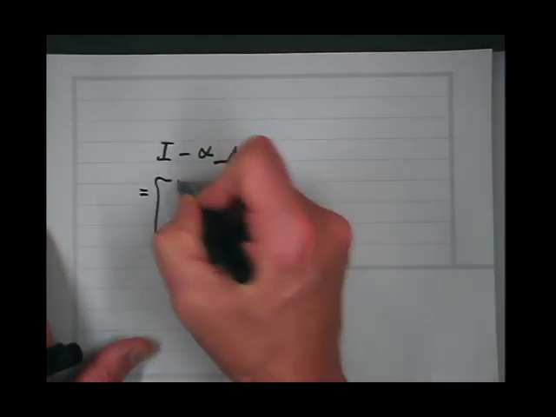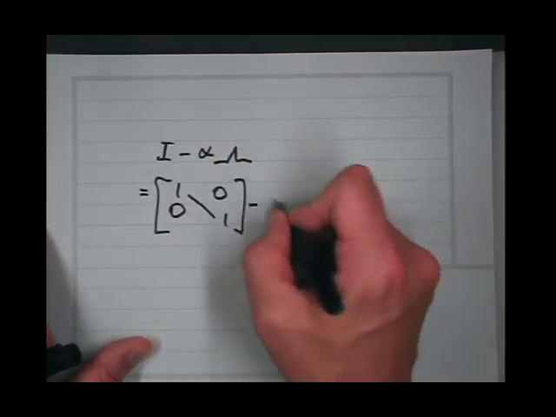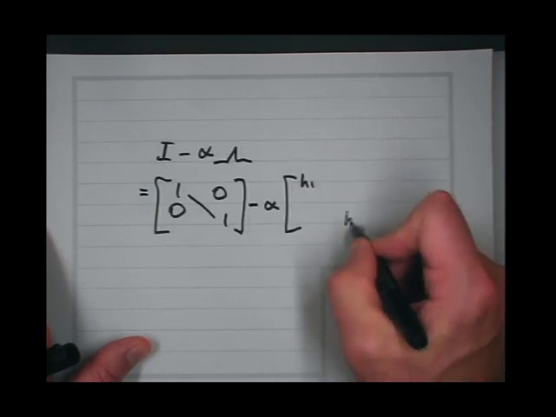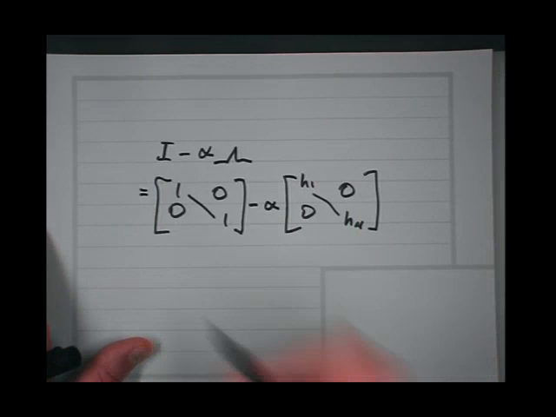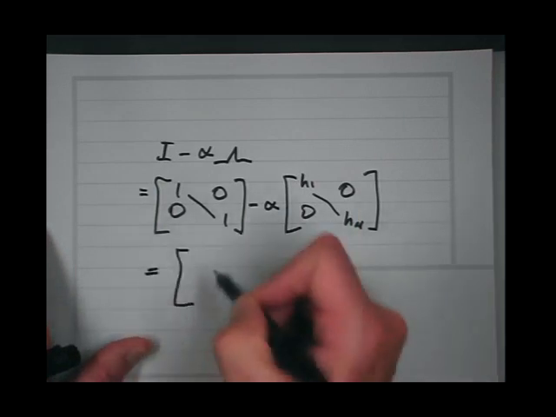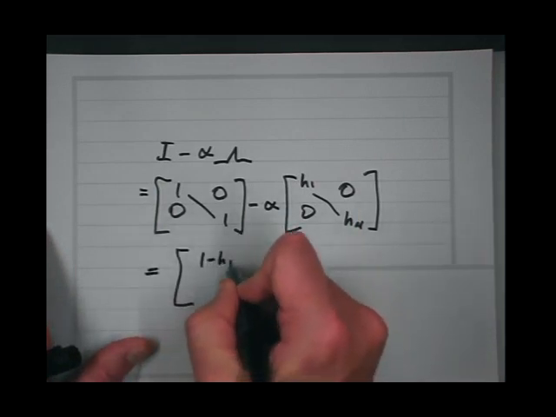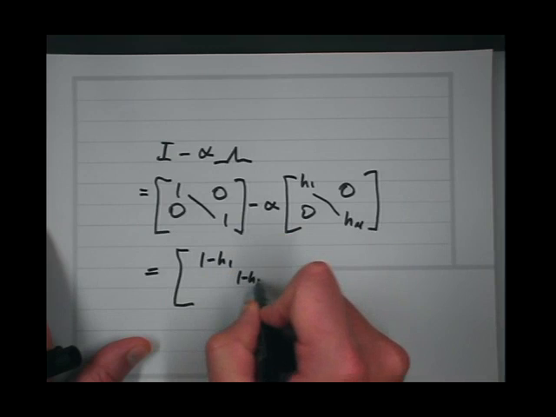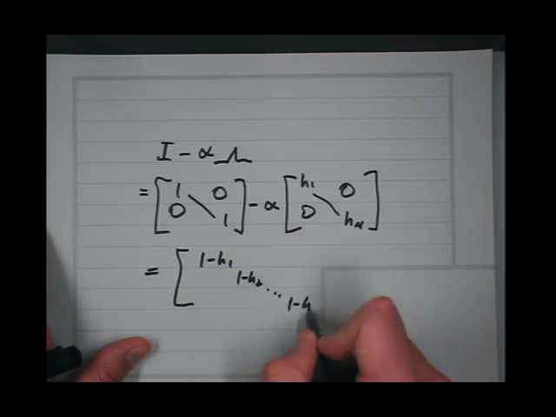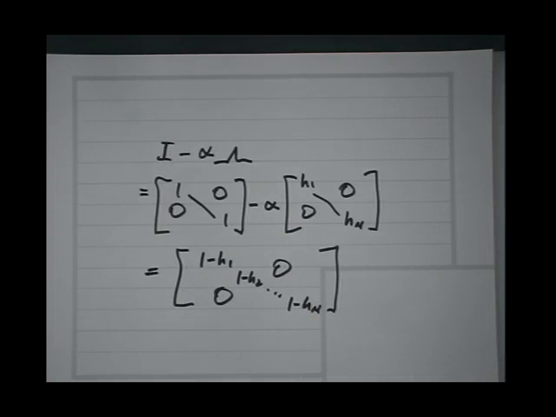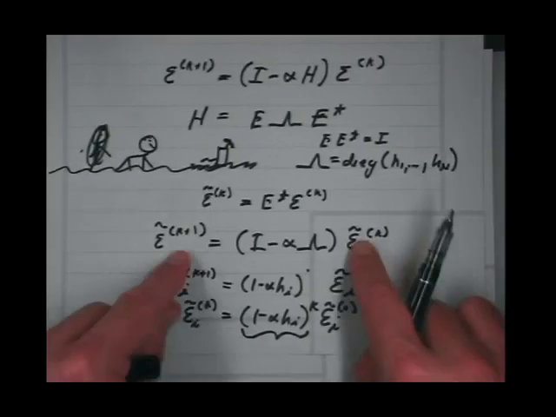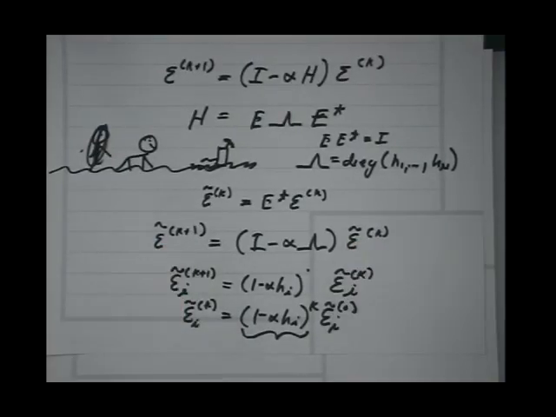The I looks like this, with 1s on the diagonal. Then this is minus alpha, and lambda is h1 through hn on the diagonal, with zeros elsewhere. So this matrix really looks like 1 minus h1, 1 minus h2, and 1 minus hn, and everything else is 0. When I multiply by that, each coordinate just evolves independently.